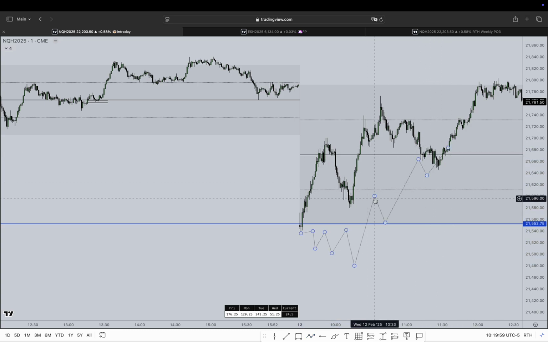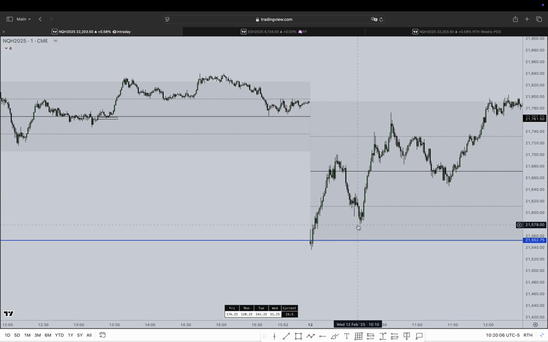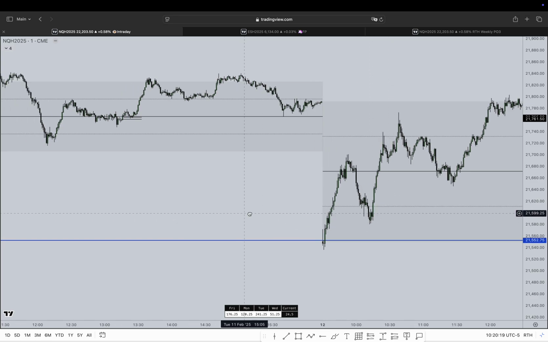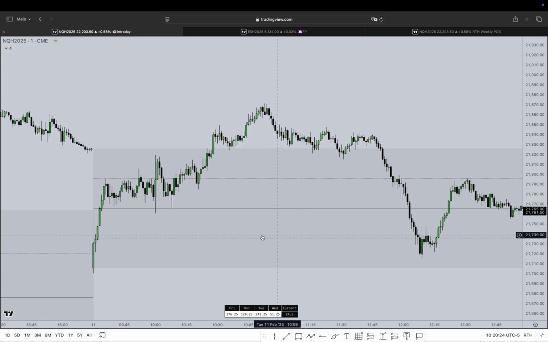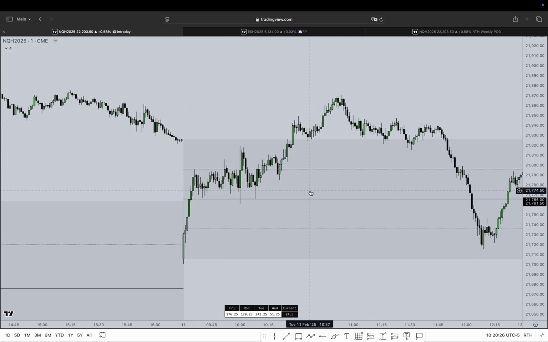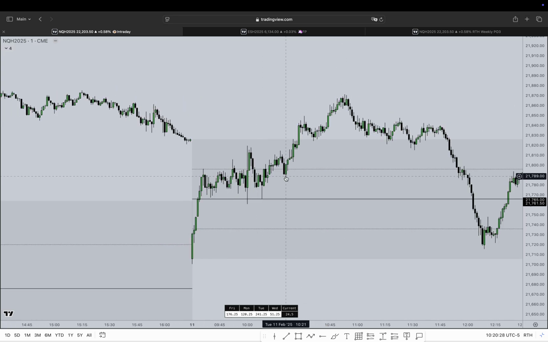I told you I will wait to see if we want to move lower, but no, I saw that we immediately came back here, and my opportunity to look for longs was missed, so I looked for a short above the 50% of the gap, and I took this short scalp here. So yeah, we have another deception on Tuesday that is a rebalance of the regular trading hours gap.